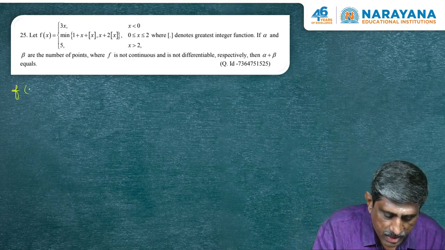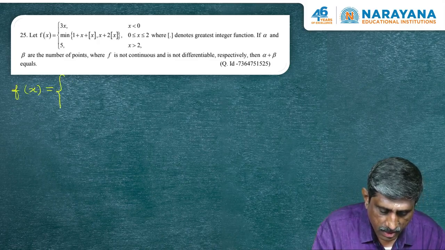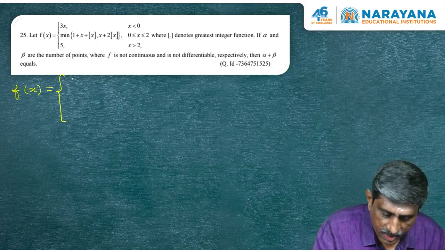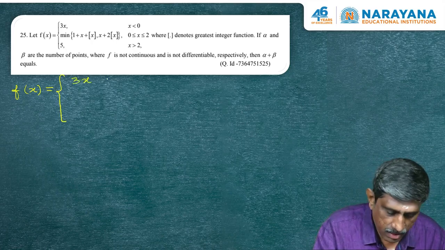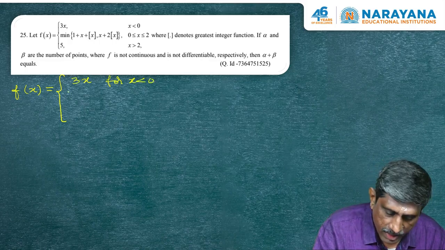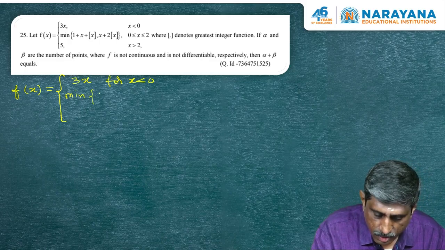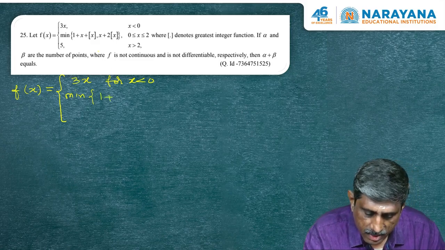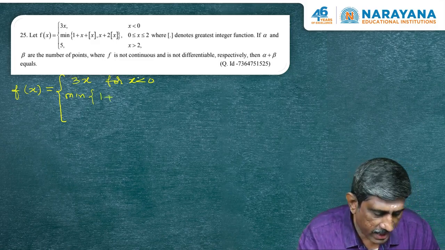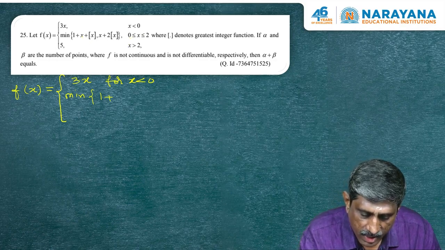So I can write the function f of x, let us remove the step x and write, as 3x for x less than 0, and minimum of what is given, 1 plus x into step x. I will write the value of x plus step x. Step x is equal to 0 for the interval 0 to 1, so I will take it as 0.